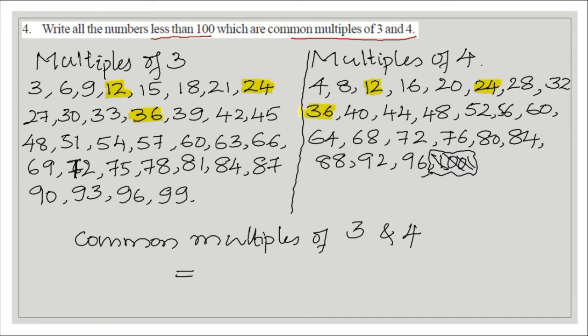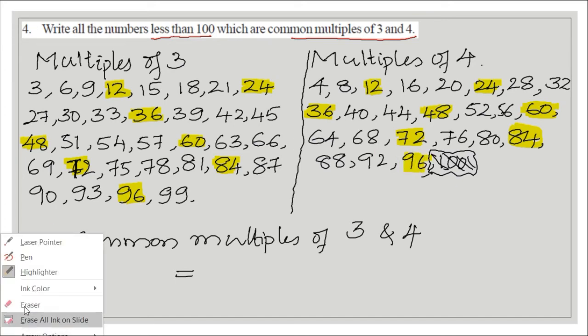Next to that will be 48. Next is 60. Next one is 72. Next to that is 84. And the last common multiple less than 100 is 96.